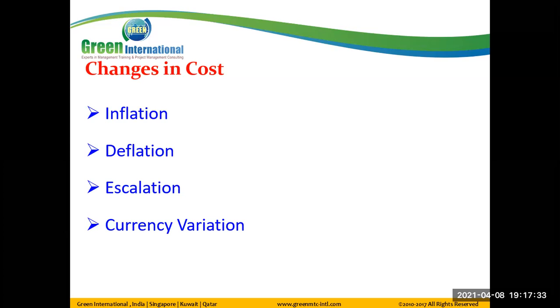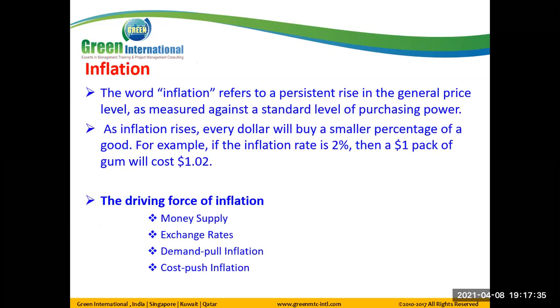Why will the price increase? Sometimes because of money shortage in the market. Because your central government or central bank has decided on a money shortage, that will make the price increase. Then with import and export goods, because of the exchange rate, the price increases.